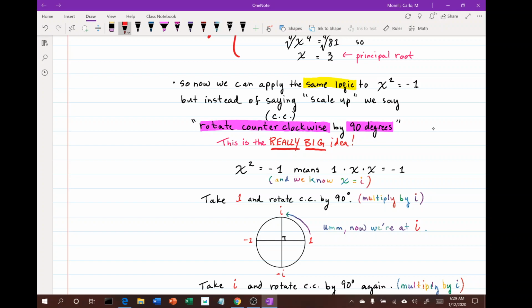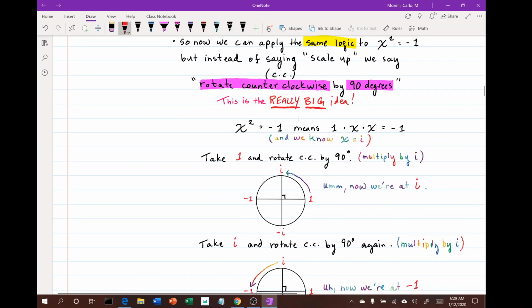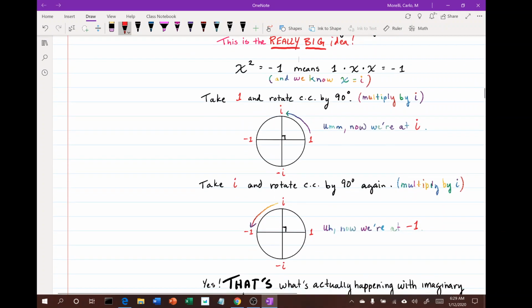And up until this point, all of my blabbering on may have been confusing. You're about to see a visual that's going to make all of this seem really cool. So here it comes. This is the part where you're going to learn what imaginary numbers really are. So x squared equals -1 means 1 times x equals -1.